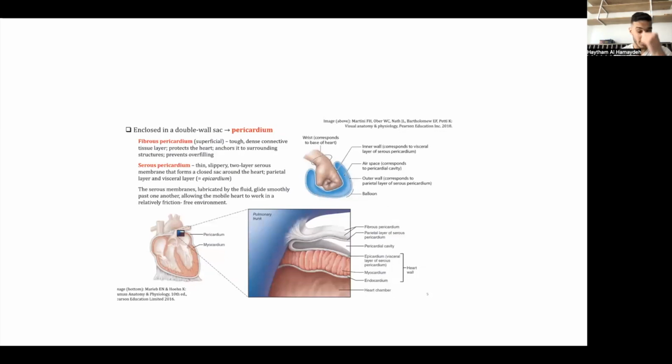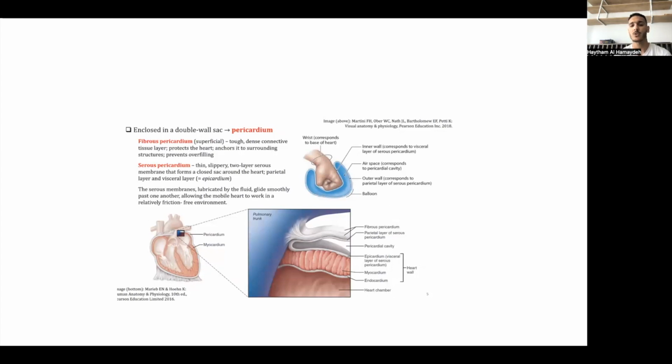Yes, so the heart is covered by the pericardium. It is basically a pouch that helps prevent the heart from getting a lot of friction from the surrounding structures. The pericardium is made up of the fibrous pericardium, the most external part of it, and then the serous pericardium, which is made up of the parietal and the visceral layers.